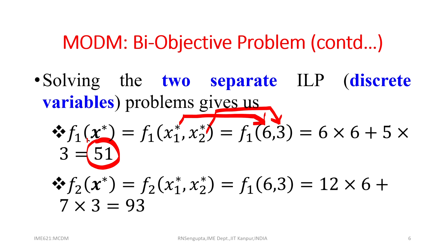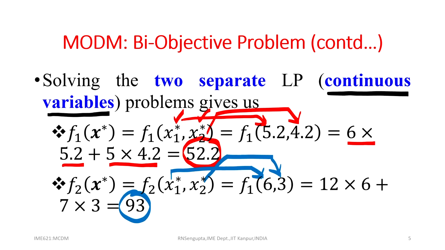Now, note down, this integer programming problem gives 51 with x1 star, x2 star as 6 and 3. In the first case, the linear programming problem for the objective function f1, the values of x1 star, x2 star were 5.2 and 4.2, and the optimal objective function value was 52.2.